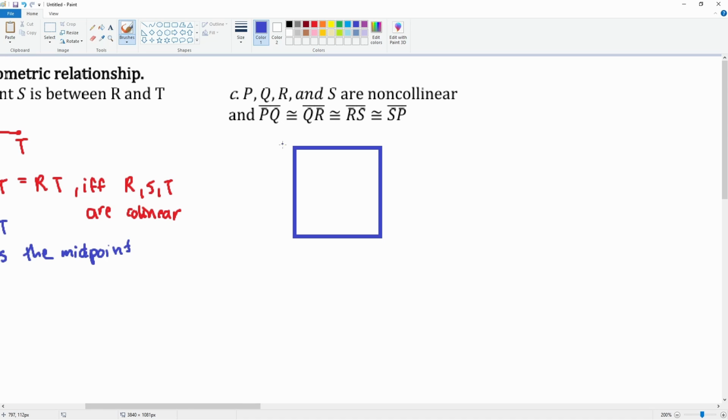These can be P, this can be Q, R, and S. Then you should notice that all the sides are congruent. So you then could come to the conclusion that this shape is a square. That would be its conjecture.